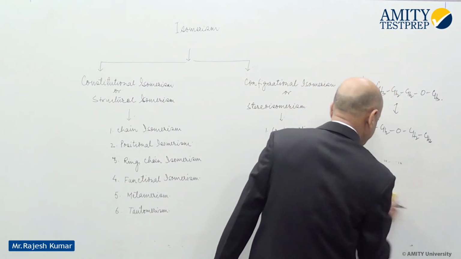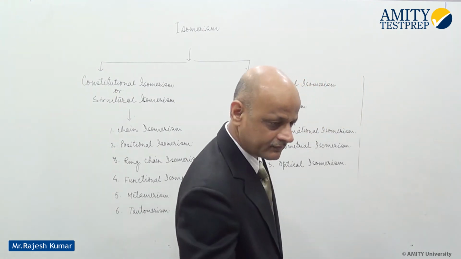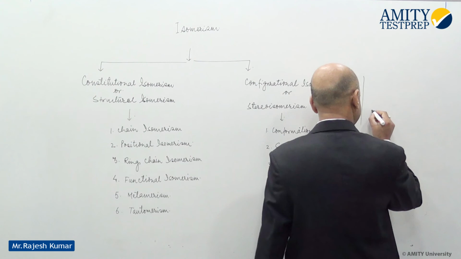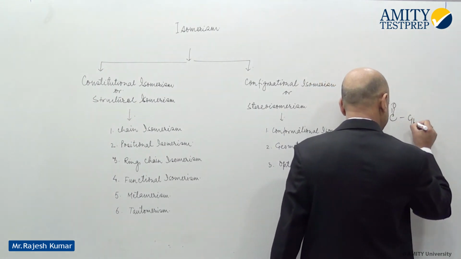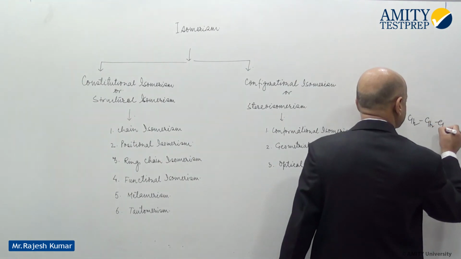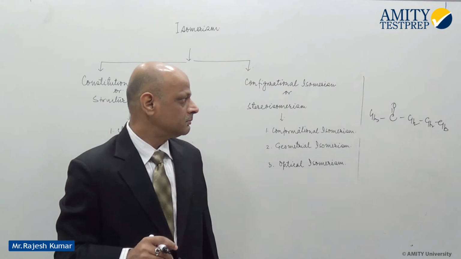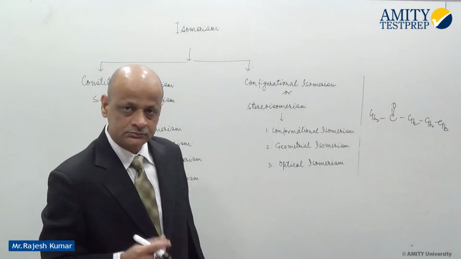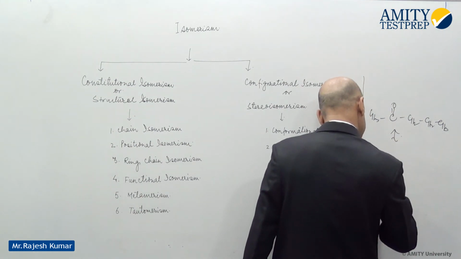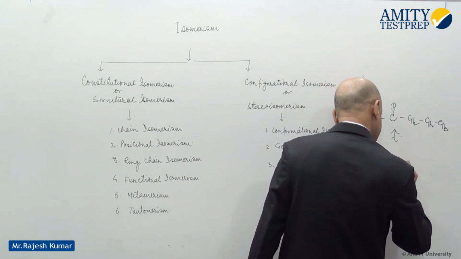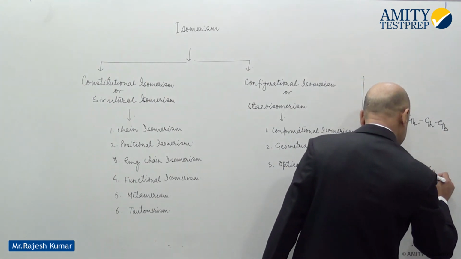Take one more example. CH3, C double bond O, CH2, CH2, CH3, 2-pentanone, as well as CH3, CH2, CO, CH2, CH3.